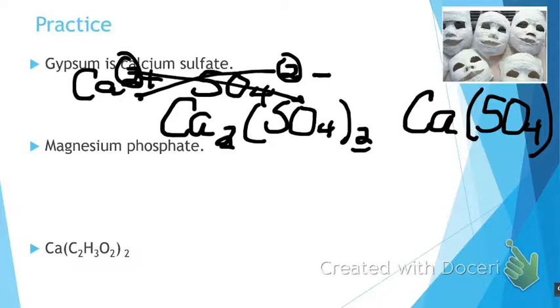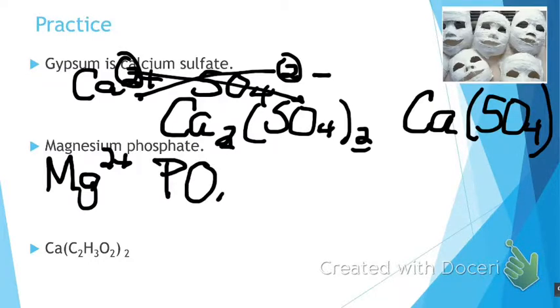Okay, let's try another one. Magnesium phosphate. My magnesium ion will be found in group 2, so it's going to be Mg2+. My phosphate ion, think of the word phoenix, PO4.